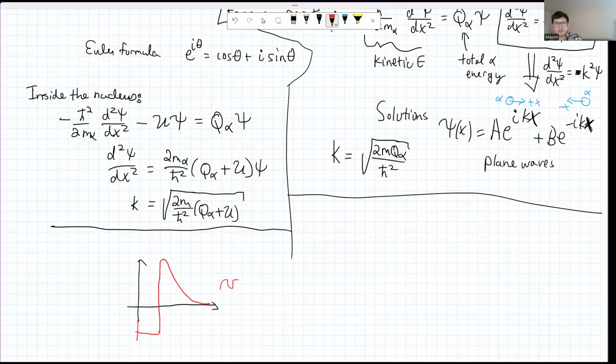So we know here there are plane waves corresponding to particles zooming around, and then here there are plane wave solutions corresponding to particles moving around. And in between, in this region where your potential energy is bigger than your total energy, you actually get exponentially decaying solutions for the wave function.